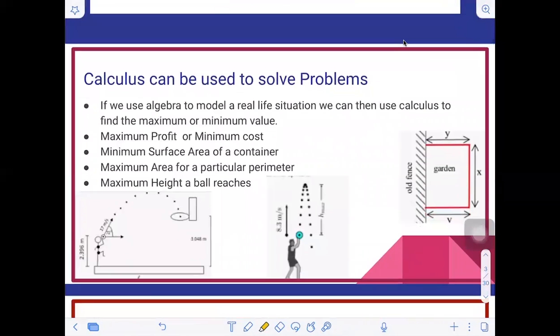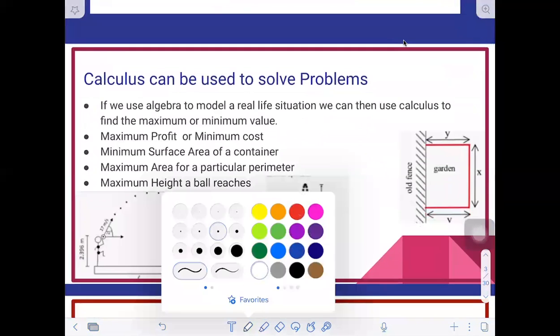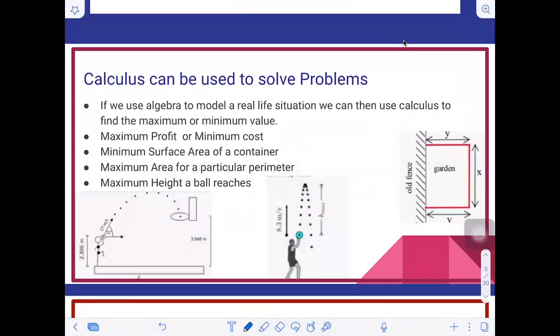So some typical calculus problems that you could have: the maximum height that a ball reached, or if you're building a garden and you have particular restraints on the fencing, you want to maximize the area.